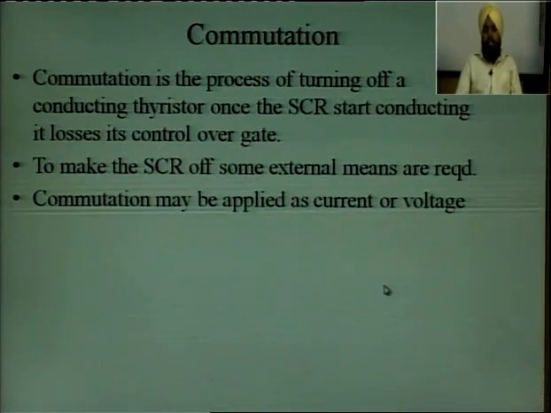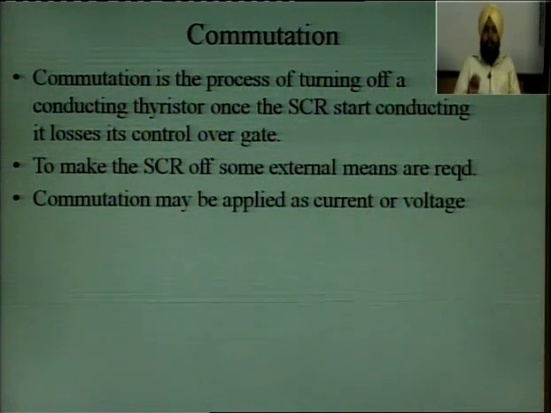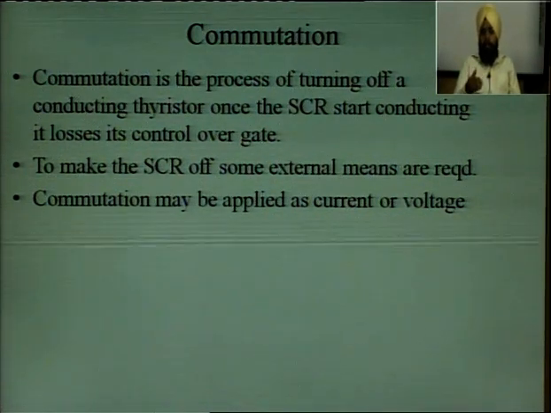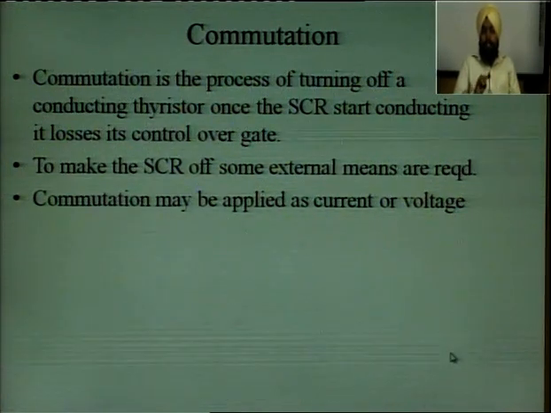Next is commutation. So far we discussed the introduction of SCR, the turn on process of SCR, and the two transistor analogy. Now, there is one process to turn off the SCR also.